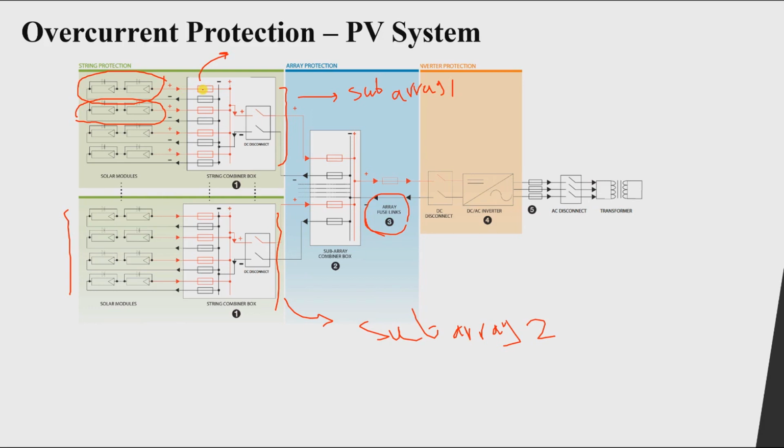According to Cooper Bussmann, a company for protective devices related to PV systems, which provide PV fuses, you need fuses in the positive terminal and negative terminal. However, most PV installation companies use fuses in the positive terminal only.